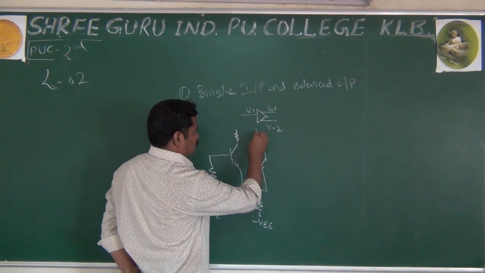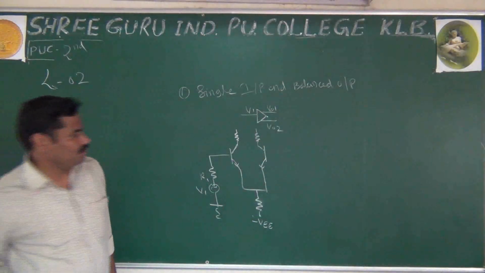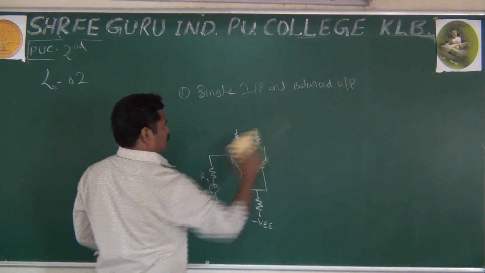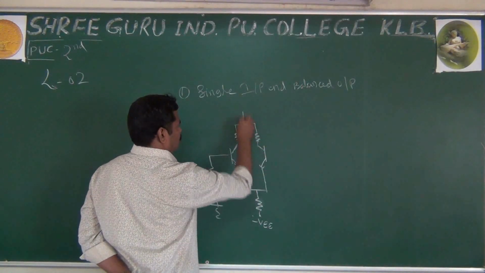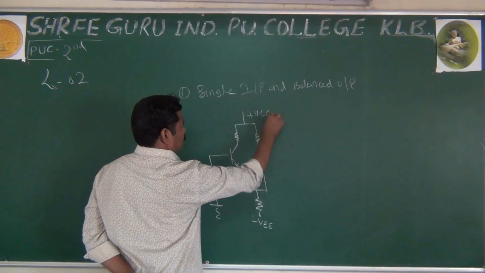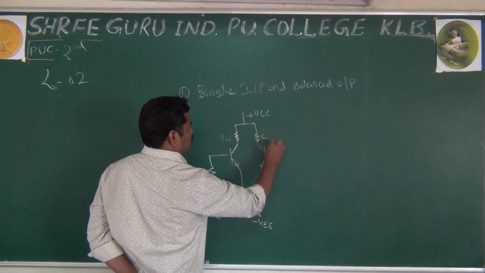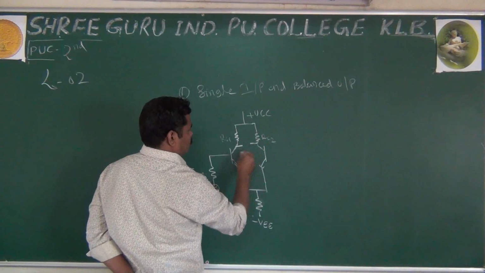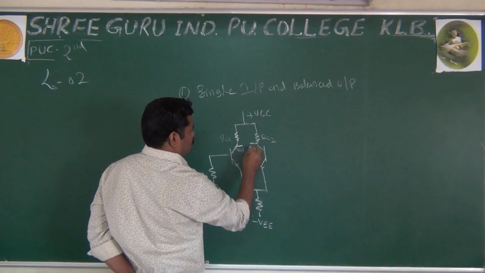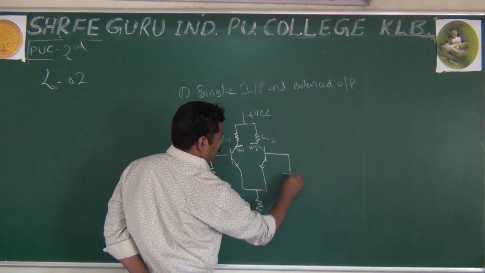You use RC1 and RC2 connected to the positive supply, and as we know, we measure the outputs here, V01 and V02. And here the other input is made ground.